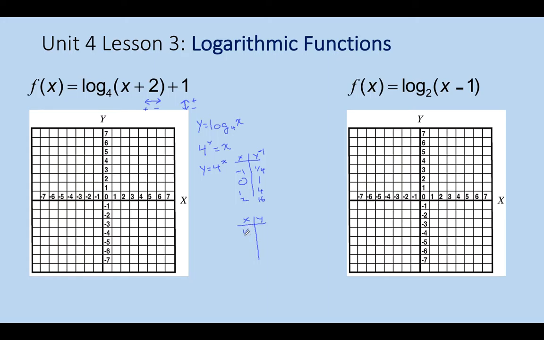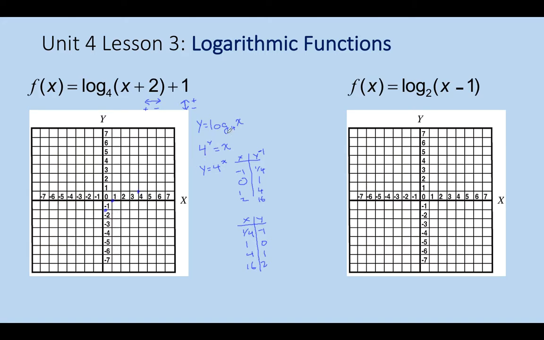So I've got 1/4 is -1, 1 is 0, 4 is 1, 16 is 2. Won't be able to graph that. But 1/4, -1, 1, 0, and 4, 1.